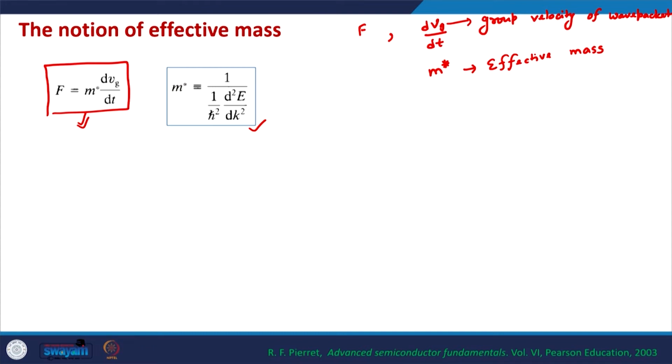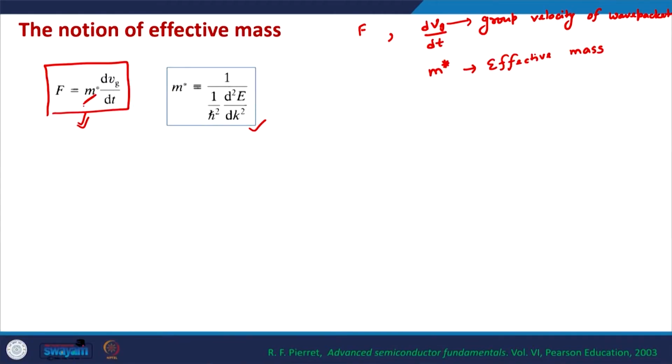So, now we can use an equation which is exactly like Newton's second law of motion, but instead of using mass, we need to use effective mass m star, which is given by this relationship, and instead of using the particle velocity v, we need to use Vg, which is the group velocity of electron wave packet.